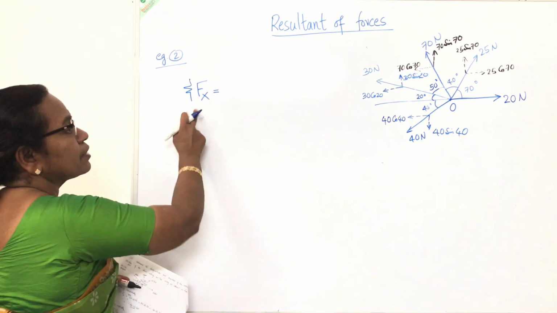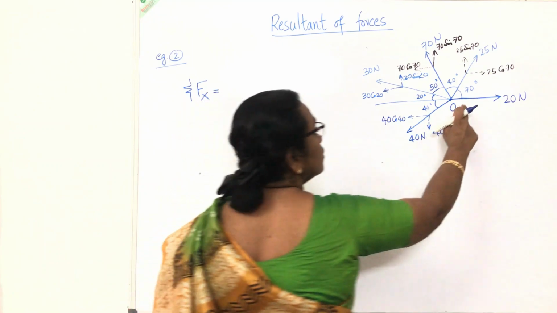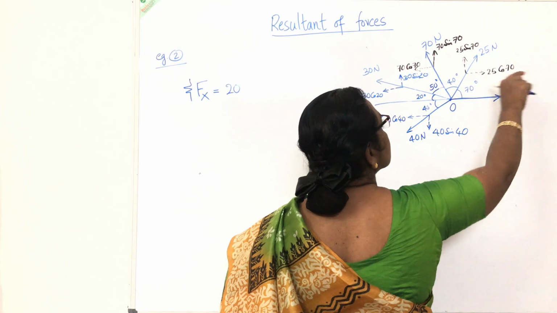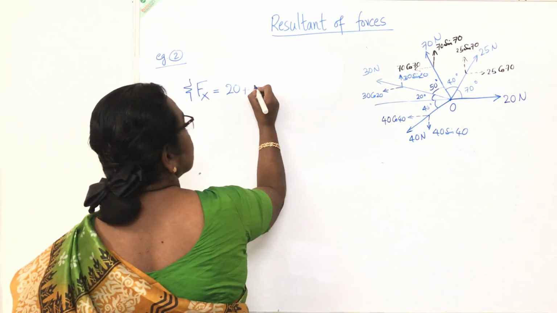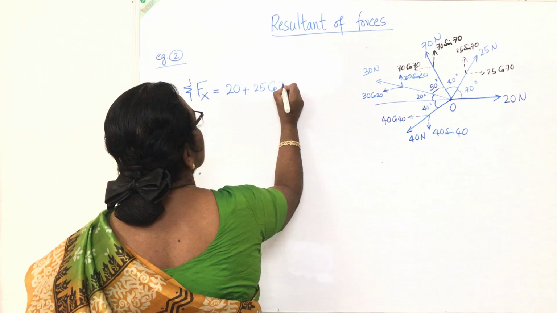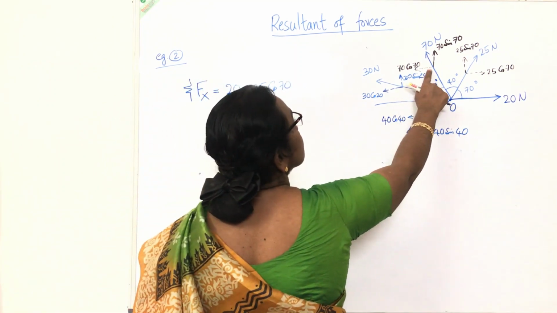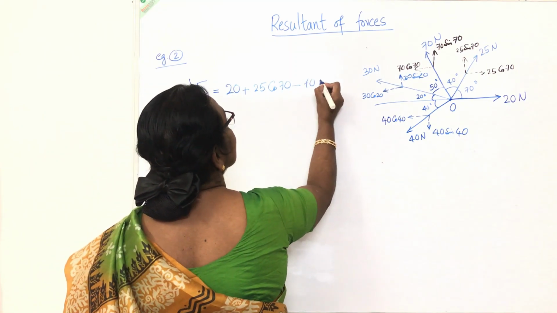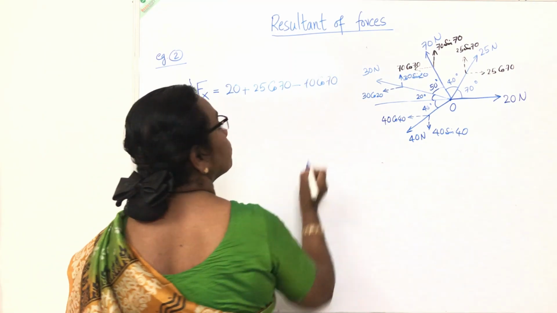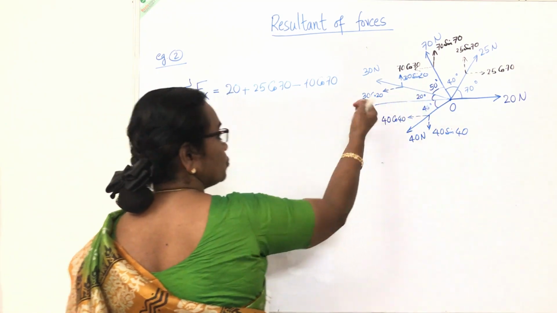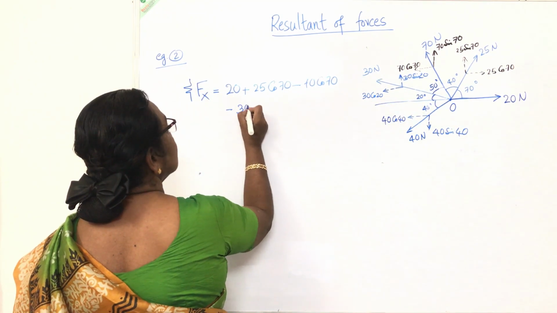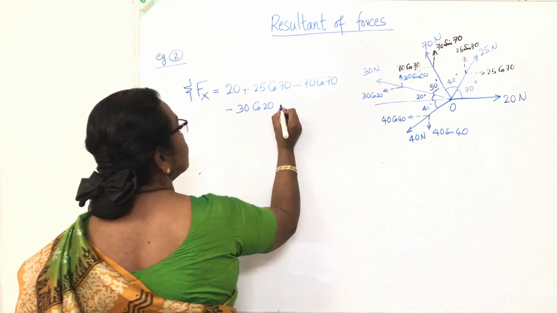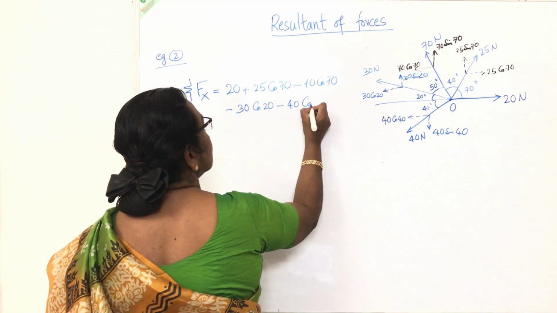Now I can write sigma Fx, taking down all the horizontal forces. First one 20. Here towards right 25 cos 70. This 70 cos 70 is towards left, so minus 70 cos 70. 30 cos 20 towards left, so minus 30 cos 20. 40 cos 40 towards left, so minus 40 cos 40.